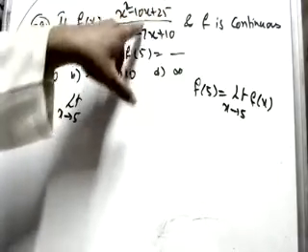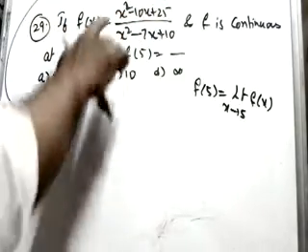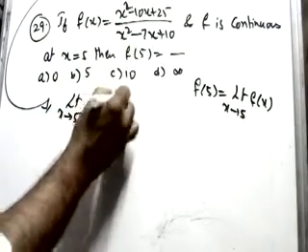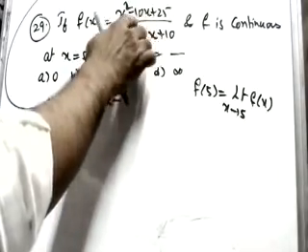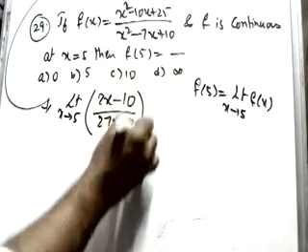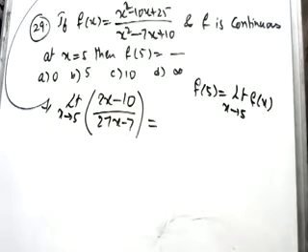So see here, let me find the limit x tends to 5. If you substitute 5, square is 25, plus 20, 50 minus 50 is 0, so it will be 0 by 0. So let me differentiate, L'Hospital's rule I am using. Differentiating x square gives 2x, minus x gives 1, and the constant 10 gives 0. So we get 2x minus 7.